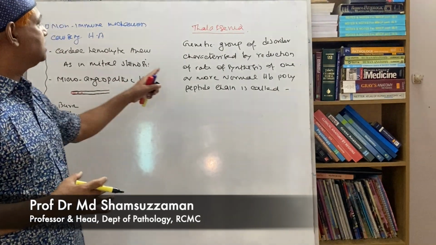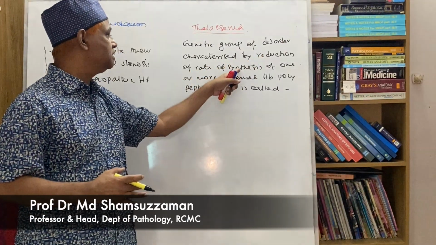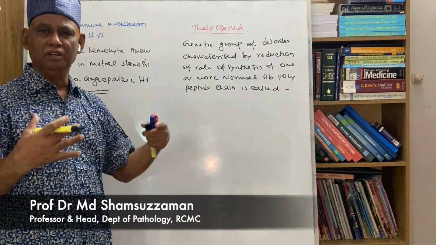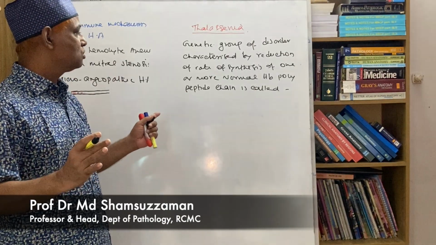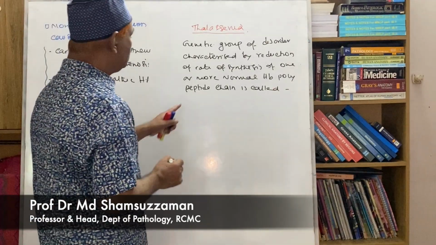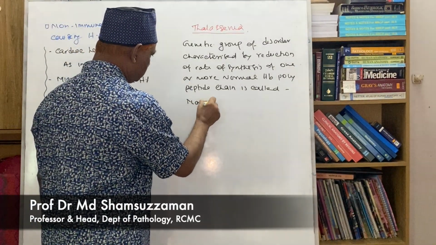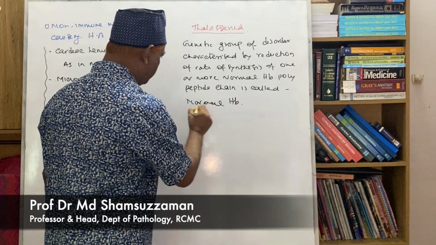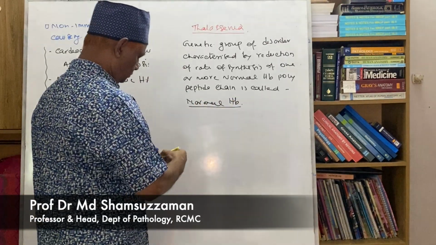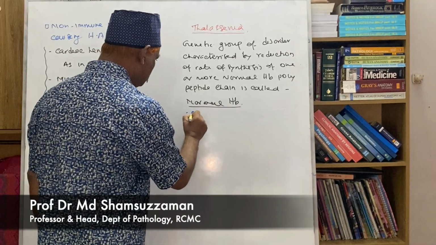I have told you it is a quantitative defect. As there is reduction of rate of synthesis, there is defect in quantity, not in quality, not a structural defect. So we have to recapitulate the normal hemoglobins in our body. One is adult hemoglobin.